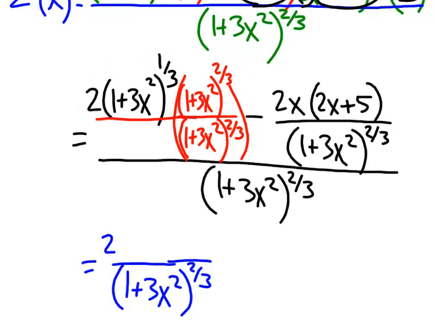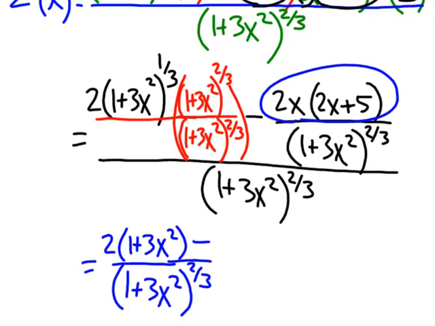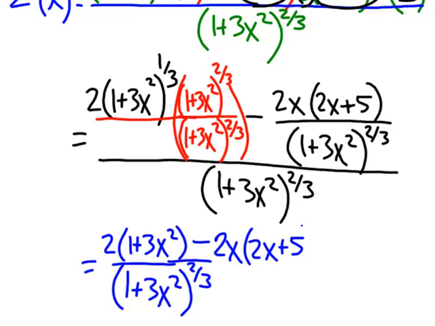So 2 times 1 plus 3x squared, close parentheses, minus this numerator. I'll just keep it factored for this step, and in the next step we'll FOIL that out and combine like terms and all that.